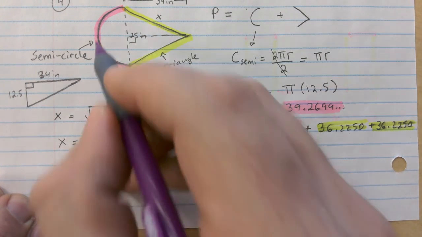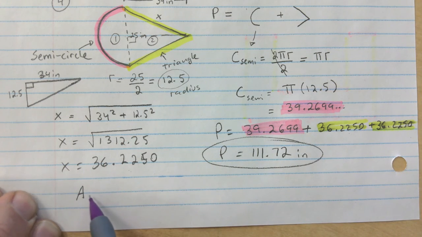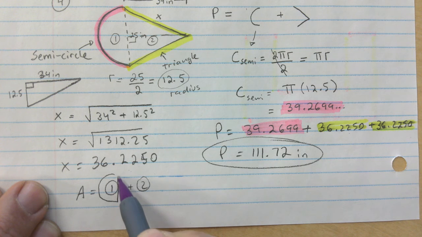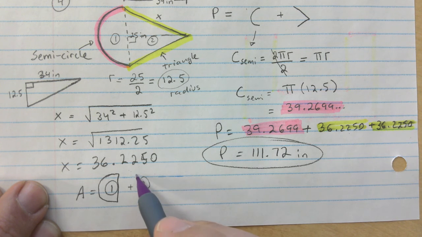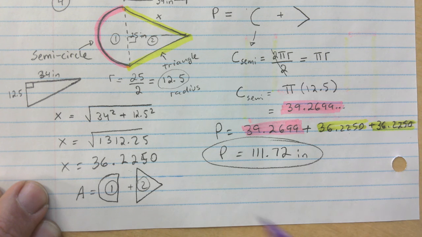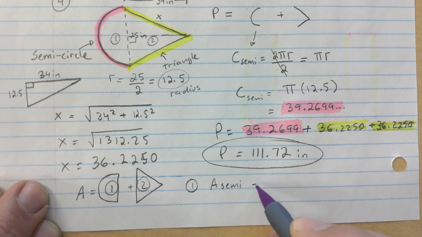For area, we just go 1 and 2, right? Area is equal to 1 plus 2. And it's really the half circle plus the triangle. Okay, so the first one, area of semicircle, how about we just do this?